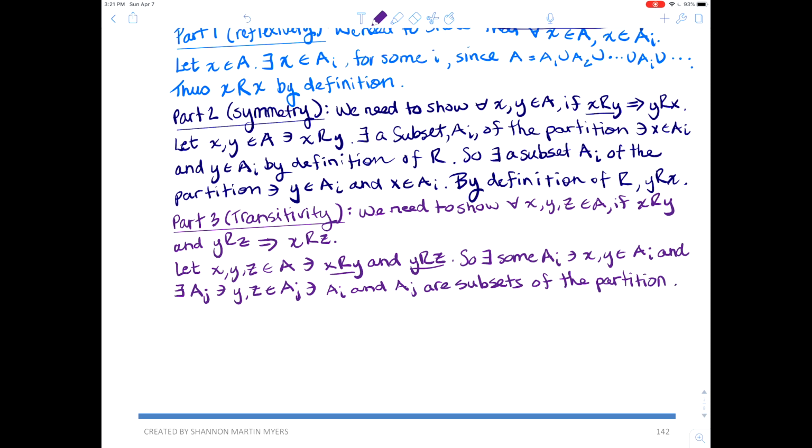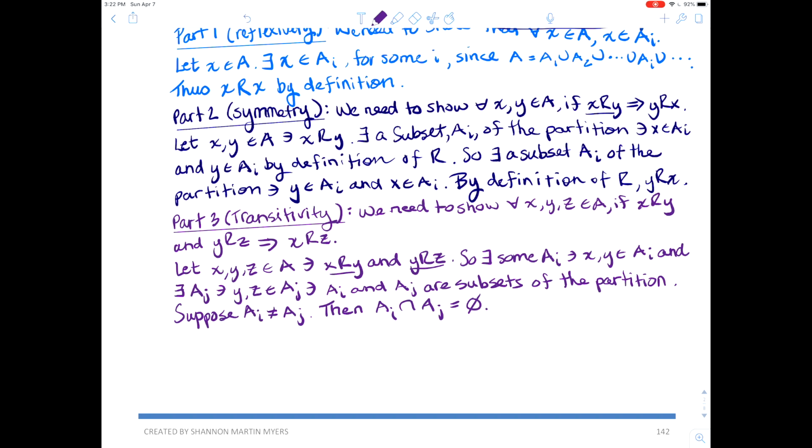I know this one's a little bit more complicated, but it's cool. Okay, well, because these guys are subsets of the partition, and if we also suppose that they are not equal to each other, what must be true? Well, if they're subsets of the partition and they're not equal to each other, then AI intersect AJ must be equal to the empty set.